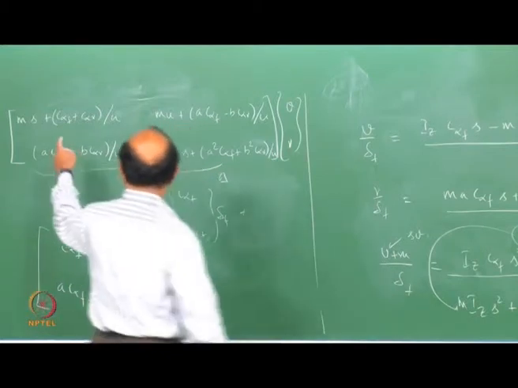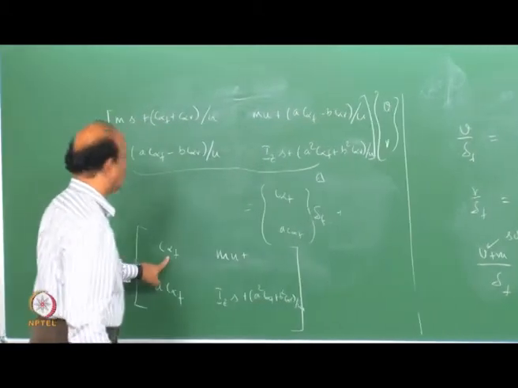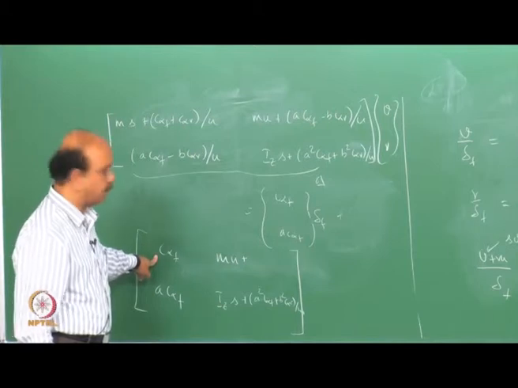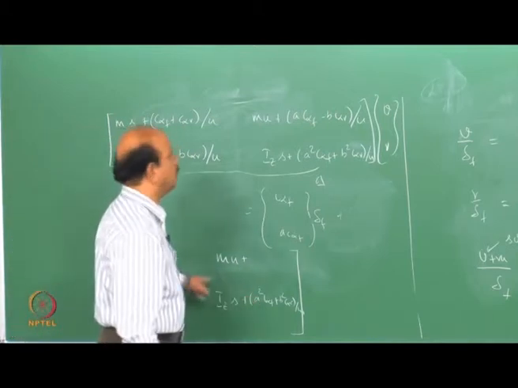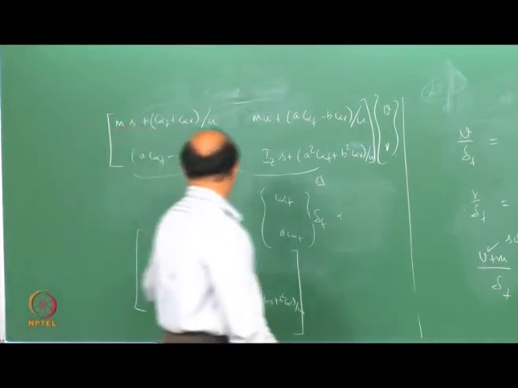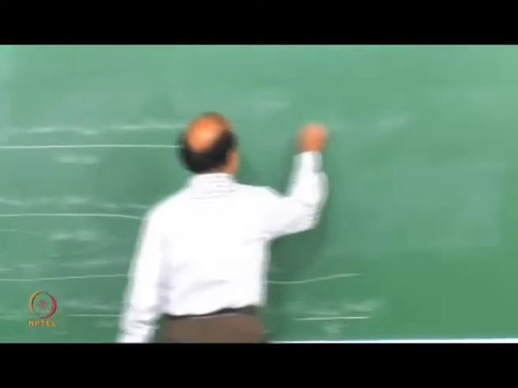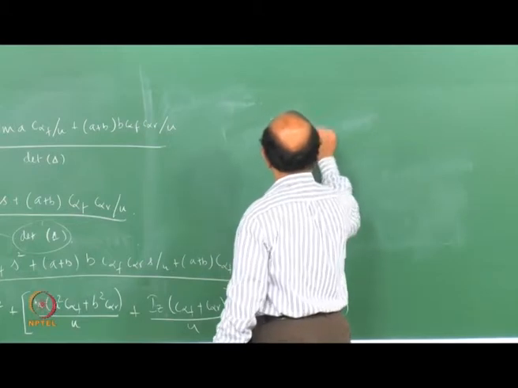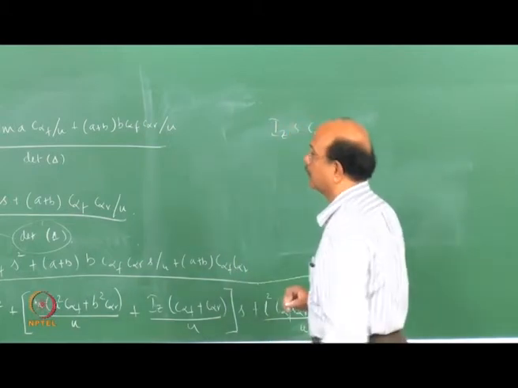Okay, so now multiplying this, Iz, the first term is fine. So the second term is a squared. Let's do that. The first term is Iz into s into C alpha f, right?